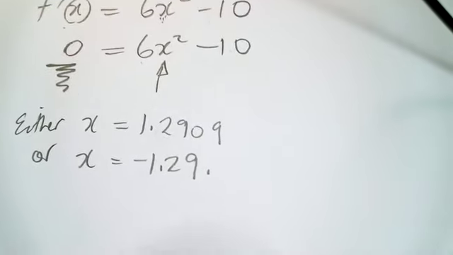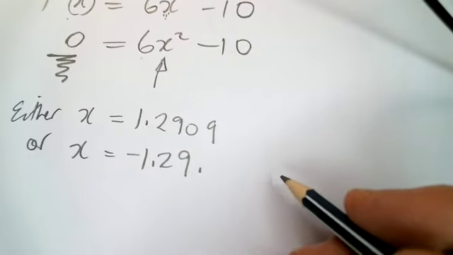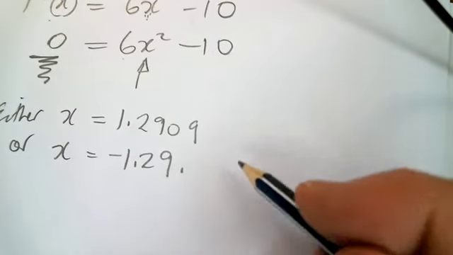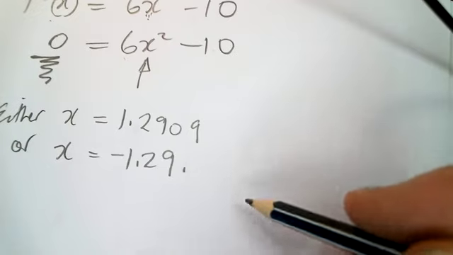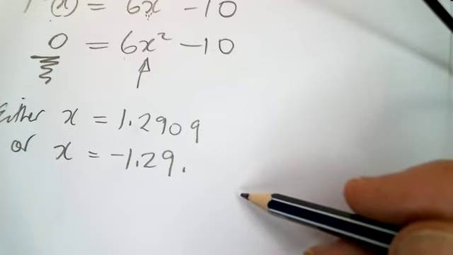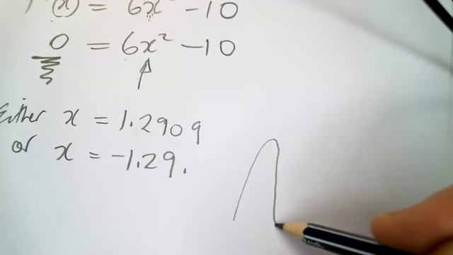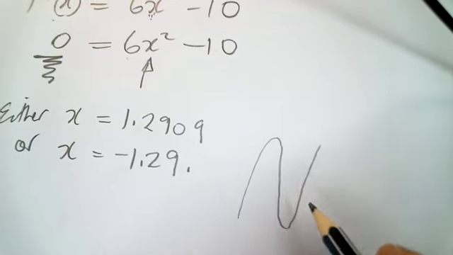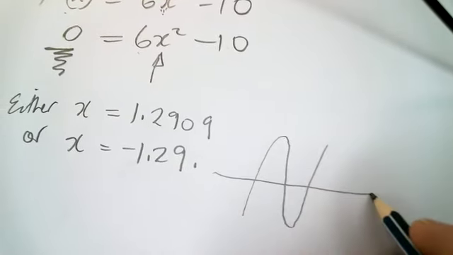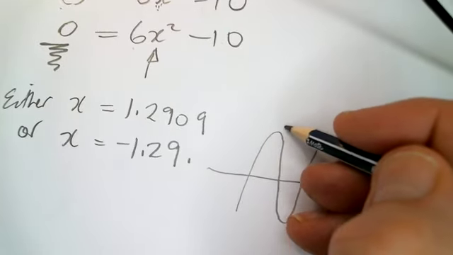In other words, this is going to be some kind of a cubic. I hate trying to draw these things, but I will try to draw it. It looks roughly like this.